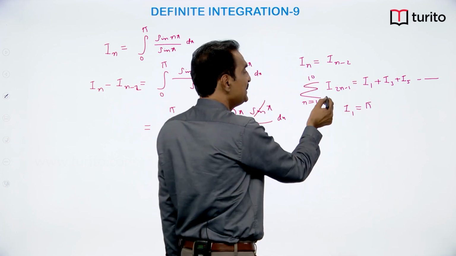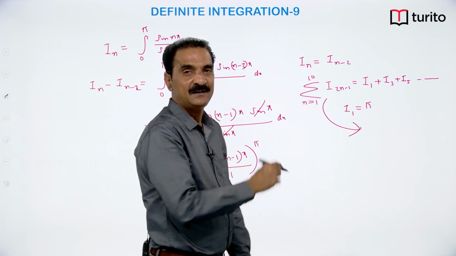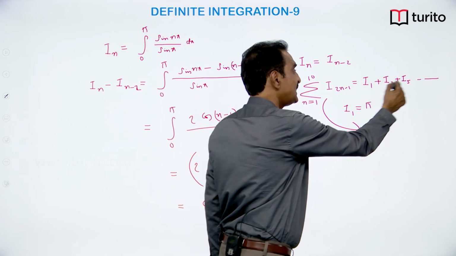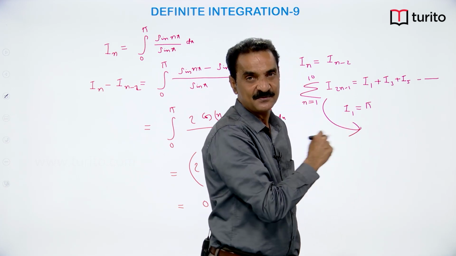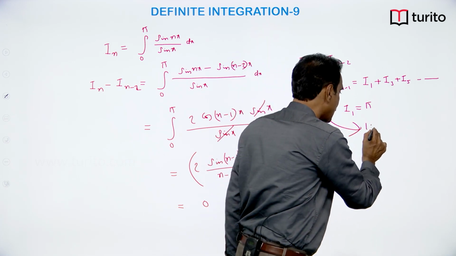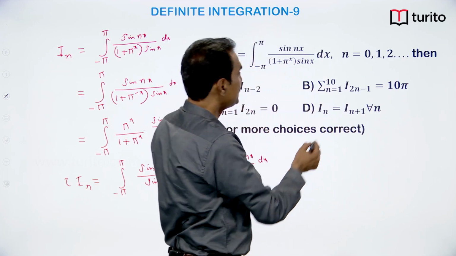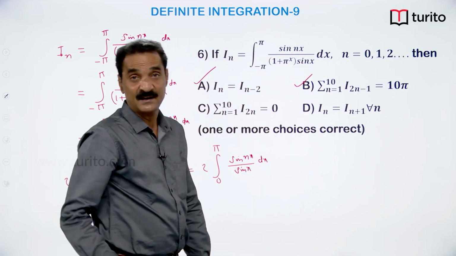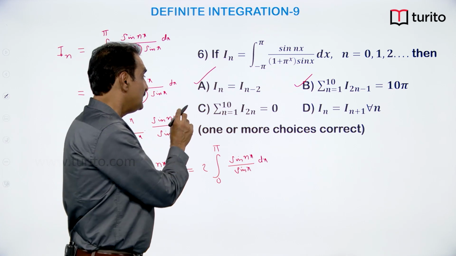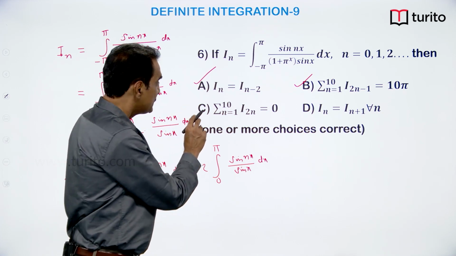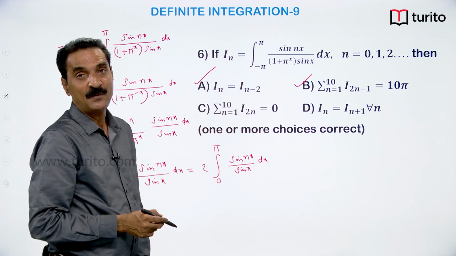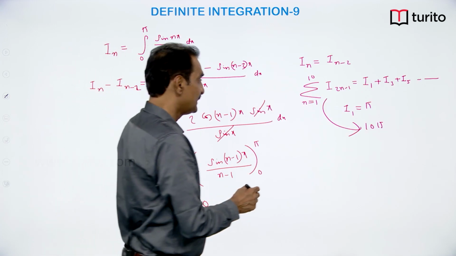If I1 is pi, what is this sum? 10 pi. All these are equal to pi. So 10 terms are there, so 10 pi. So is it correct? Yes, option B is correct. In option C, sigma I2n, n varies from 1 to 10.